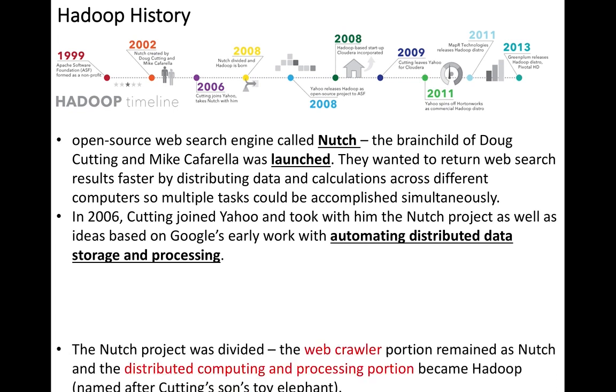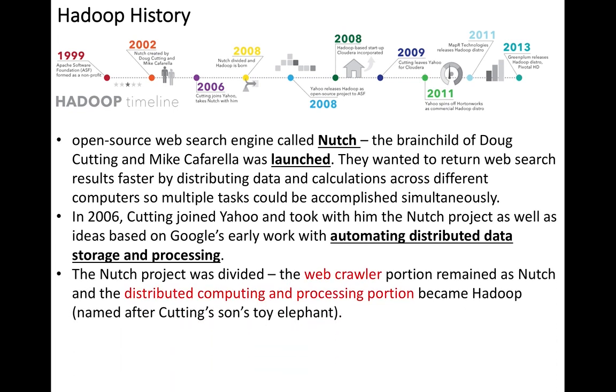After Nutch was brought into Yahoo, the large project was divided into two parts. One part they call the web crawler, that remained as Nutch. But the distributed computing and processing portion became Hadoop.